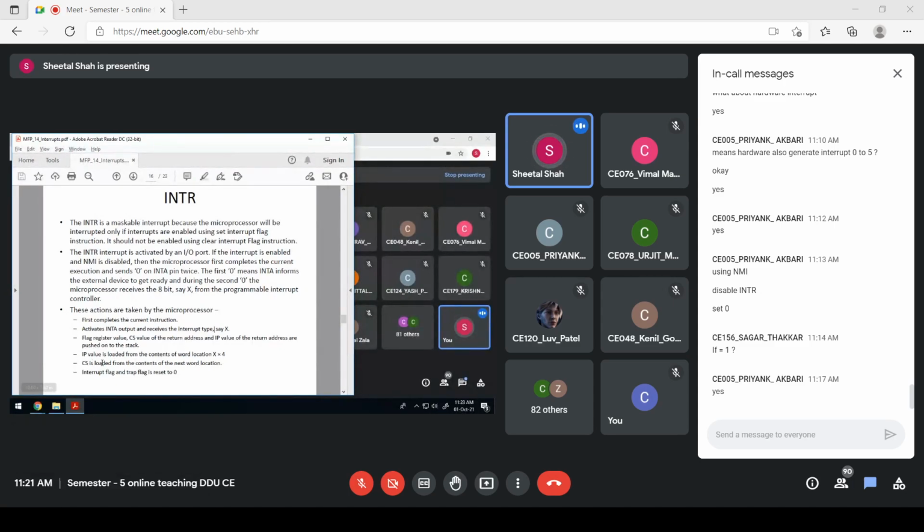The new CS and IP value from the interrupt vector table is now copied into the CS and IP register, and the interrupt flag as well as the trap flag is reset to 0. So these steps are taken by the processor if an interrupt is generated at the INTR pin.